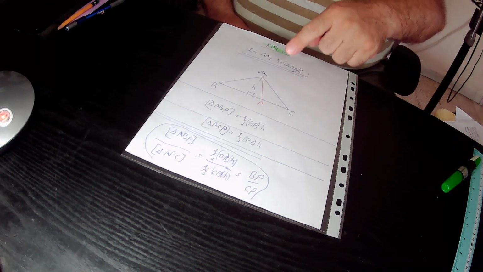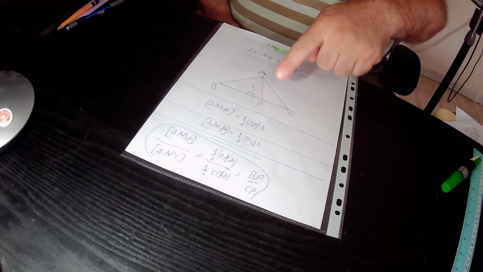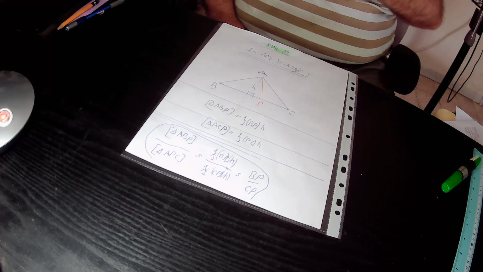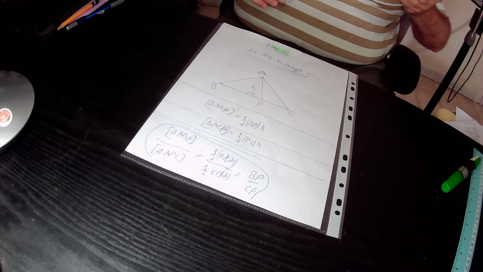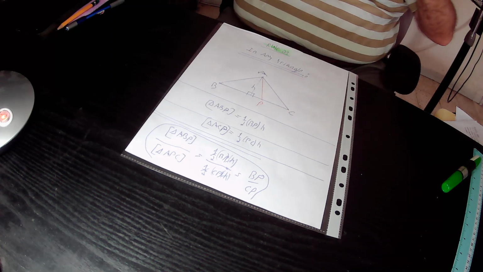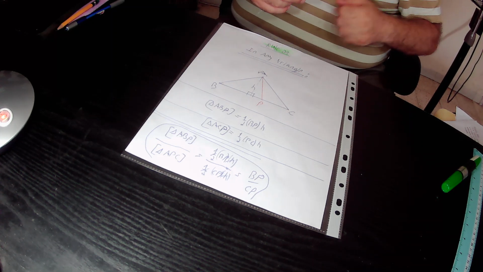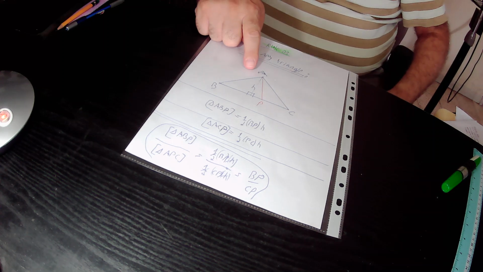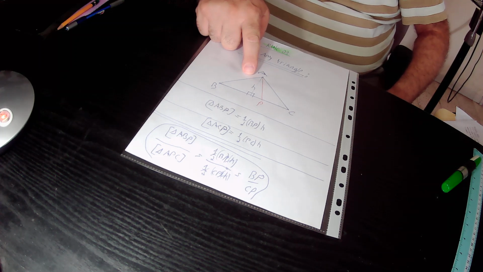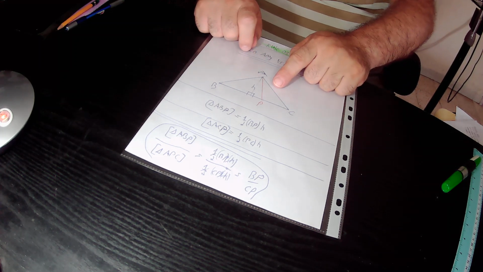If we draw this red line segment AP, by drawing the line segment AP, we will divide the triangle ABC into 2 smaller triangles. The first is the small triangle ABP, and the second is triangle APC.